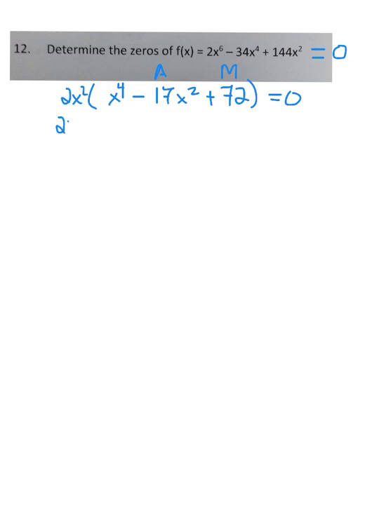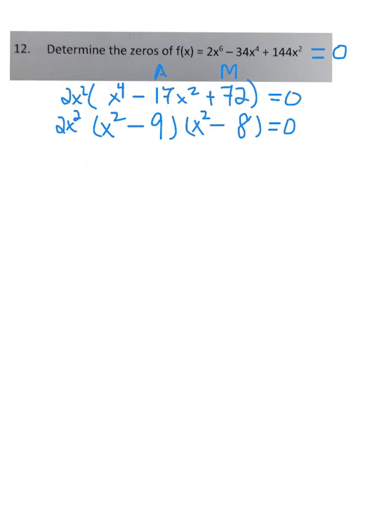So let me bring down that factor of 2x squared, and then since I have x to the 4th, that's going to break down to x squared and x squared. What multiplies to 72? Well, that would be a 9 and an 8, and that will give me 17, but I need negative 17, so both of those would have to be negative.